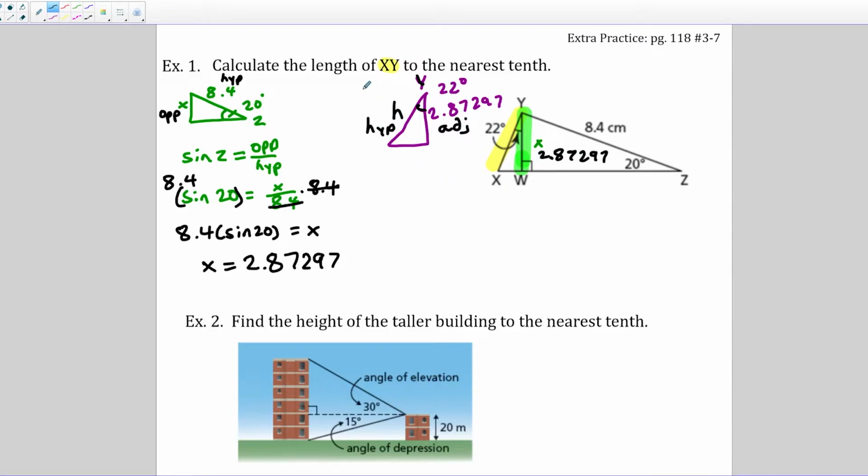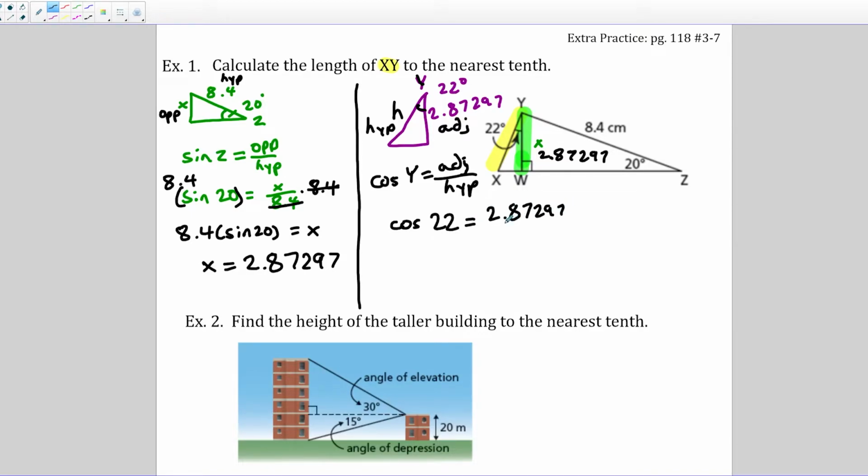So we're going to now be using the cosine ratio. So I have, let's separate that a little bit. Cosine of angle Y is equal to adjacent over hypotenuse. So cosine of 22 is equal to 2.87297 divided by H. We're going to use our little switcheroo trick so I can swap out your denominator here with the cos of 22.